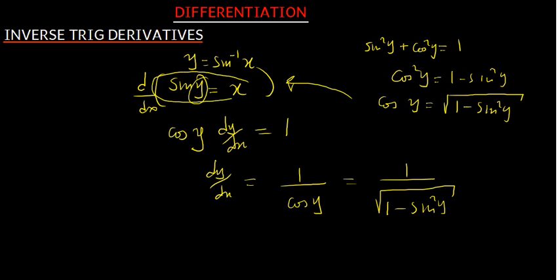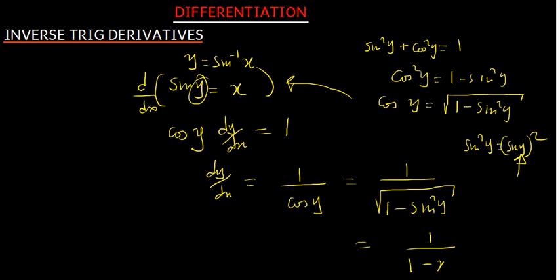Sine y is equal to x. So where there is sine y, we are going to put x. If we have sine squared y, this can be written as sine y squared. So where there is sine y, we put x, and this is going to give us 1 over the square root of 1 minus x squared. So this is the derivative of the inverse of sine.